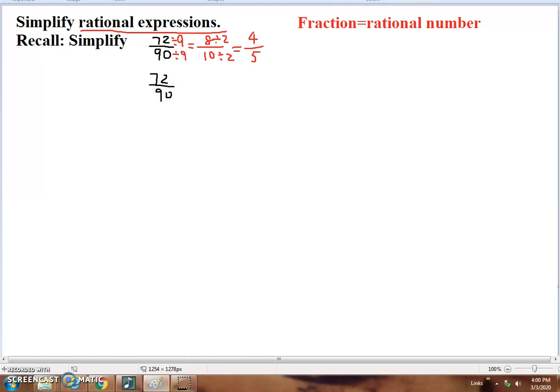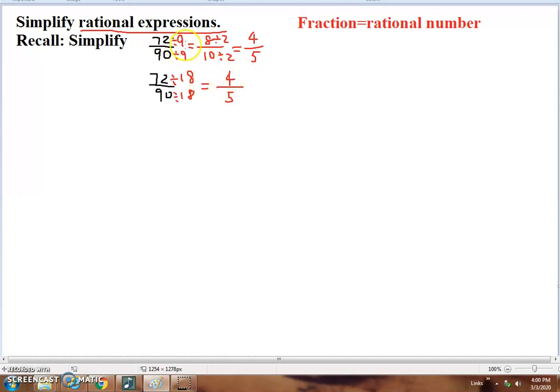But usually it's hard for us to see that 18 goes into both of them, because 18 is sort of big. But if we can, then of course 18 goes into 72 four times, and 18 goes into 90 five times.